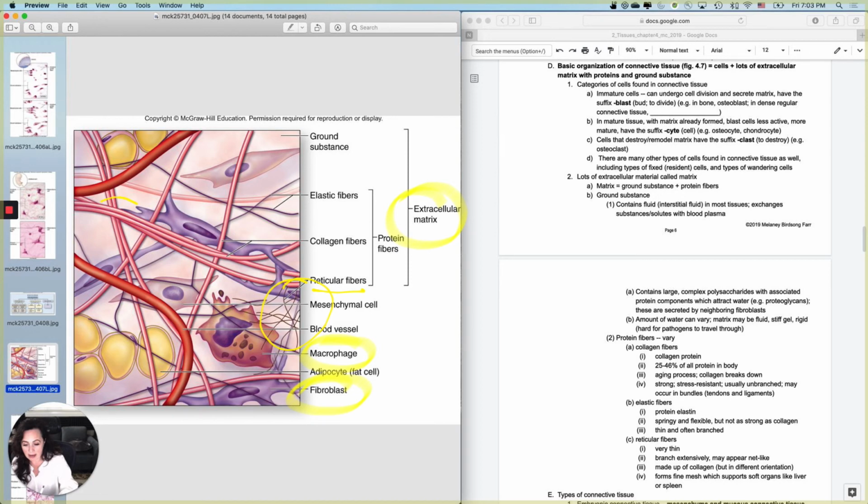They're made up of collagen, but kind of like taking the rope fiber and taking it apart further. They form this really fine, squishy mesh that supports soft organs like the liver or the spleen, kind of like a hairnet would go over your hair.